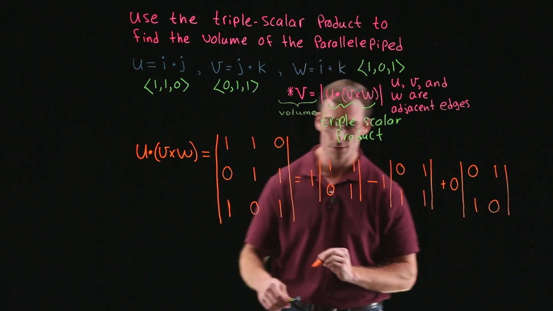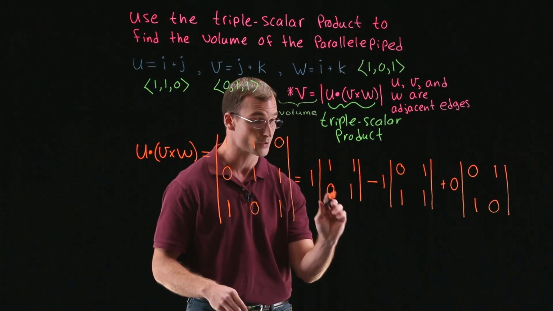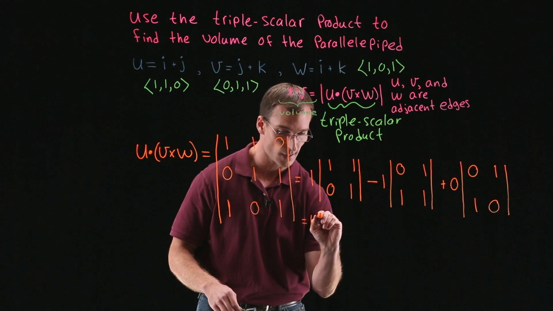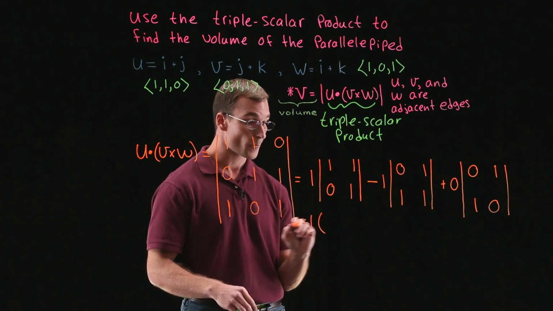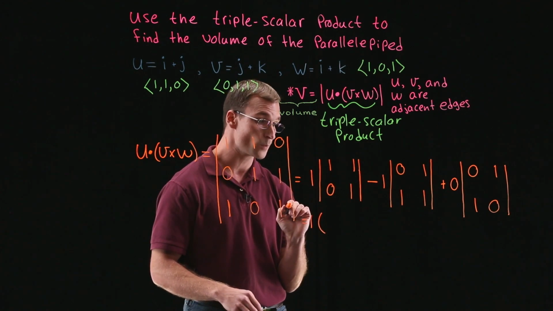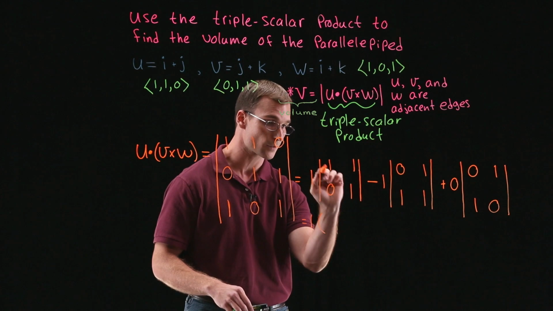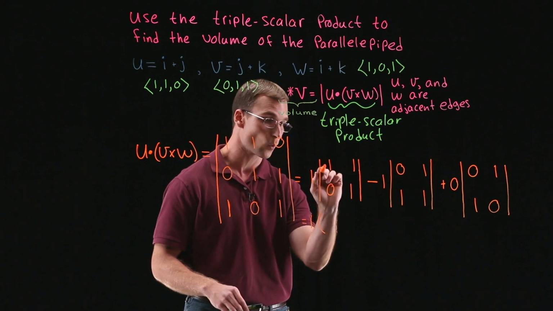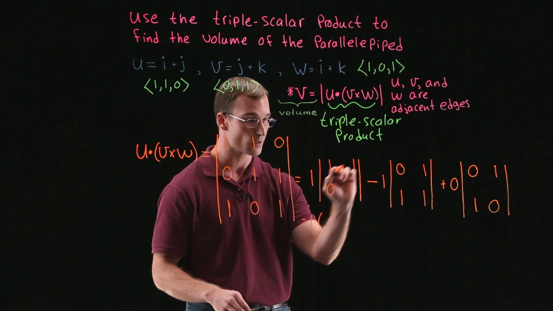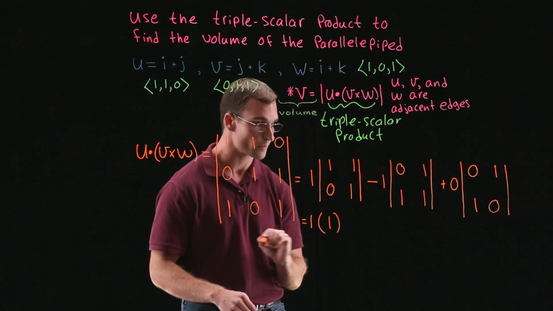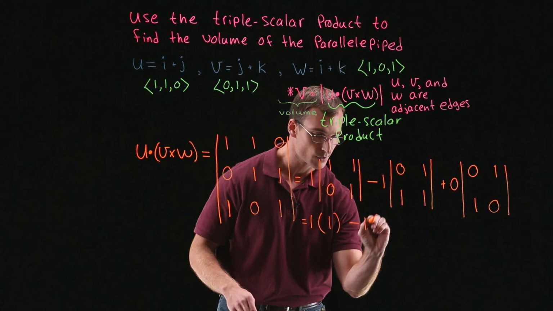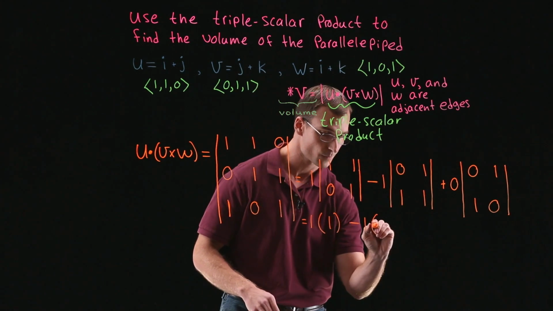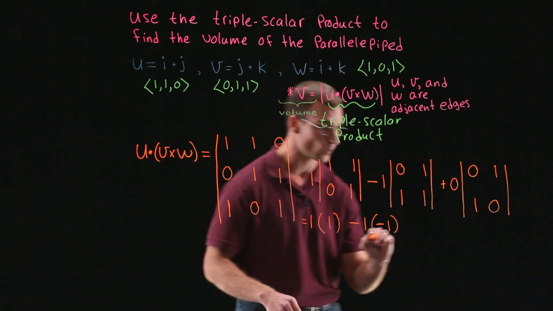Okay, so let's go through and find the individual determinants of our 2 by 2 matrices. The determinant of a 2 by 2 matrix is what we multiply down the first diagonal minus what we would have multiplied with the second diagonal. So 1 times 1 minus 0 times 1 leaves us with 1, and minus 1 times 0 times 1 is 0, minus 1, so we have a negative 1.